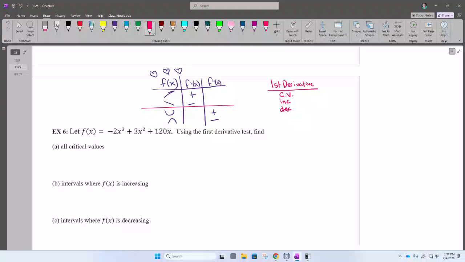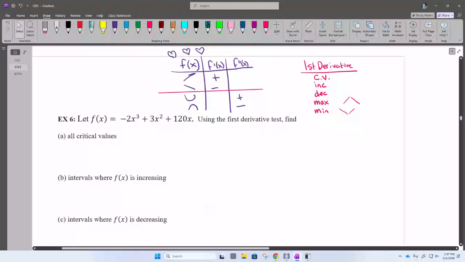It tells us if it's decreasing. And since it tells us increasing and decreasing, then it also tells us if there's a maximum, which means you increase then decrease. And it also tells us if there's minimums, decrease and increase. So the first derivative tells us 5 things about our favorite original function.